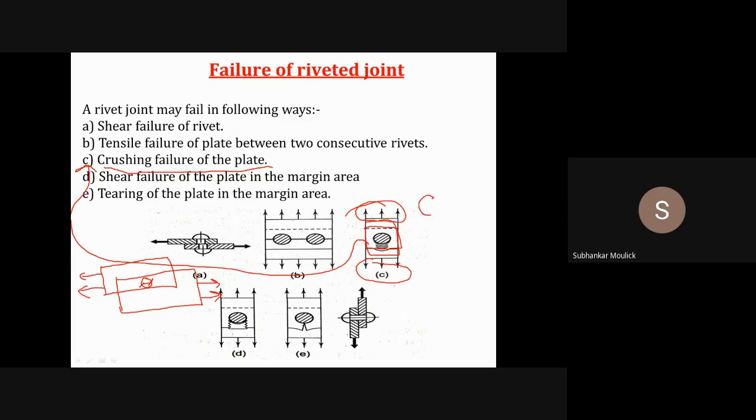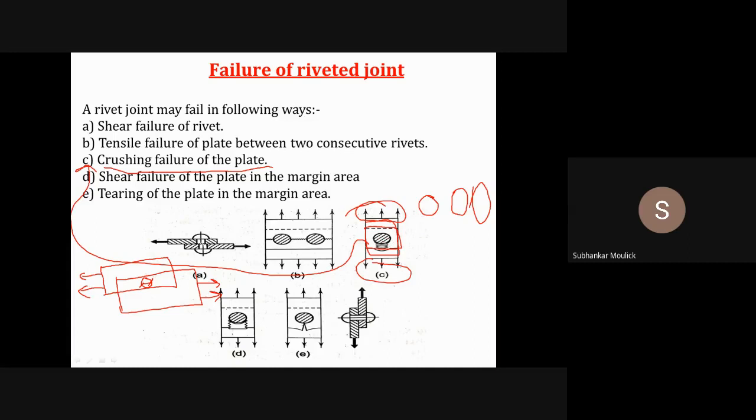That means this is the hole. After a certain interval of time, when you apply the load, what will happen? The hole will try to elongate from all the ends, from all the directions. So after a certain interval of time, this hole will not be present.